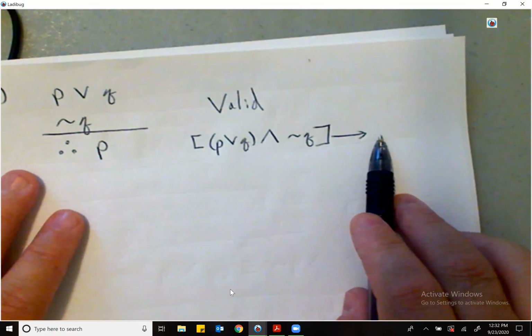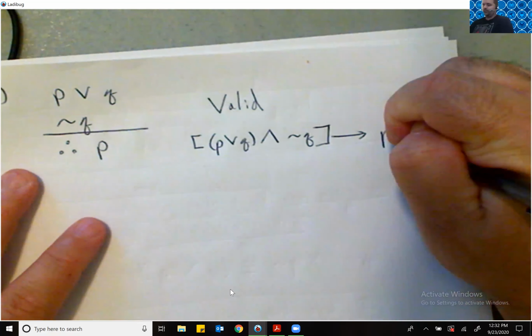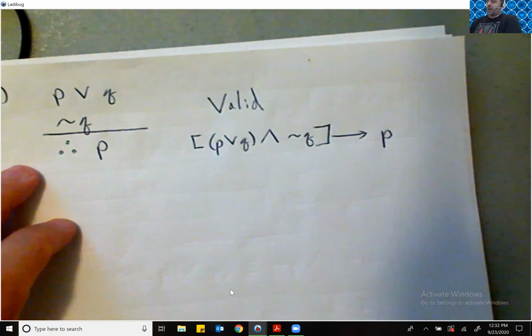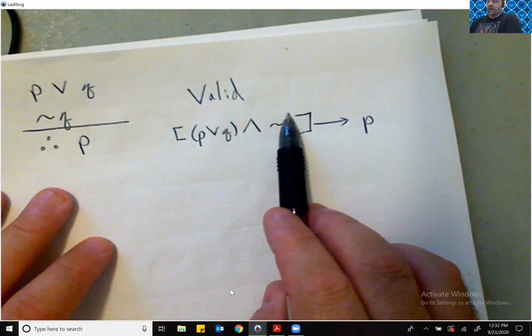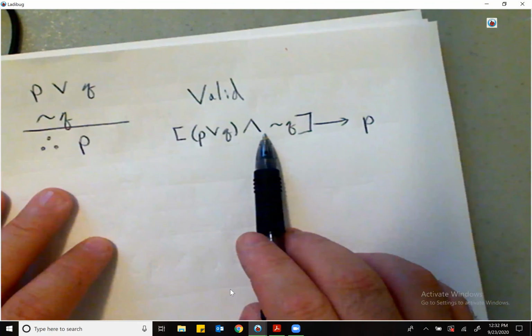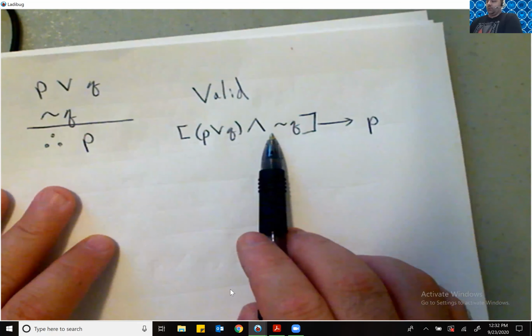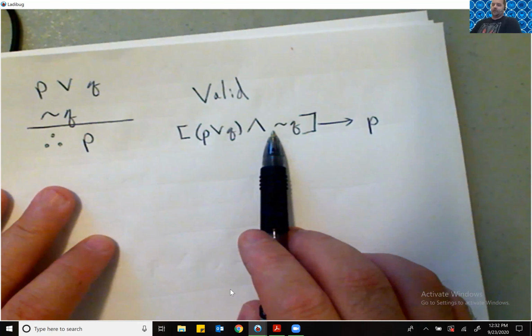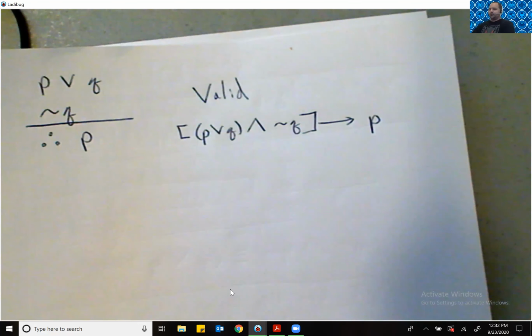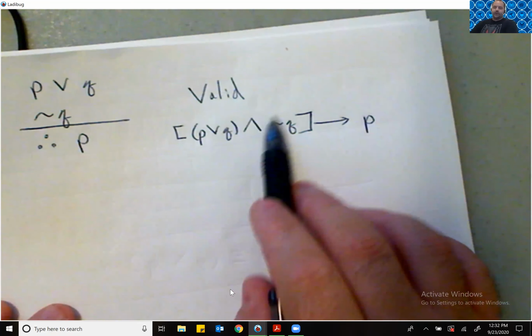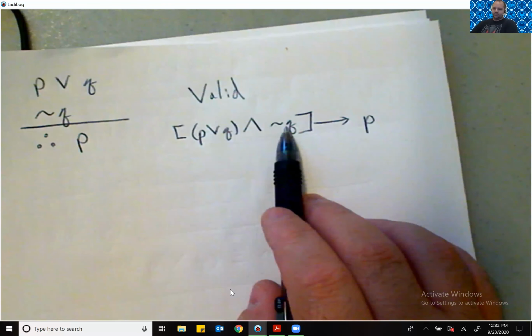Now, so you know, it's technically not wrong if you actually put parentheses around this. But I will tell you, in MyMathLab, it will count you wrong if you put parentheses around this. Because MyMathLab has this rule that if it's just a single statement, you don't need parentheses.